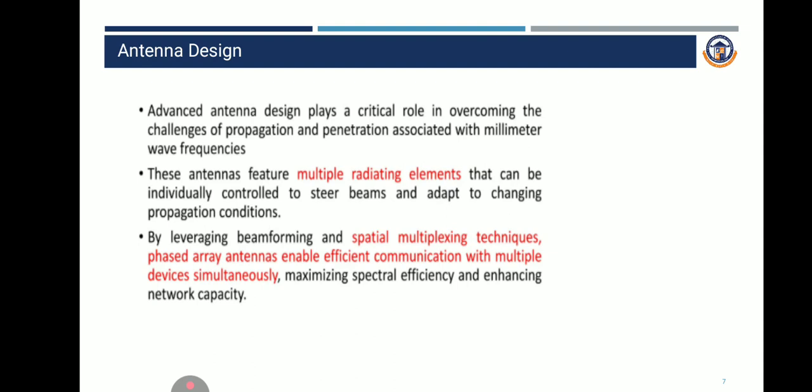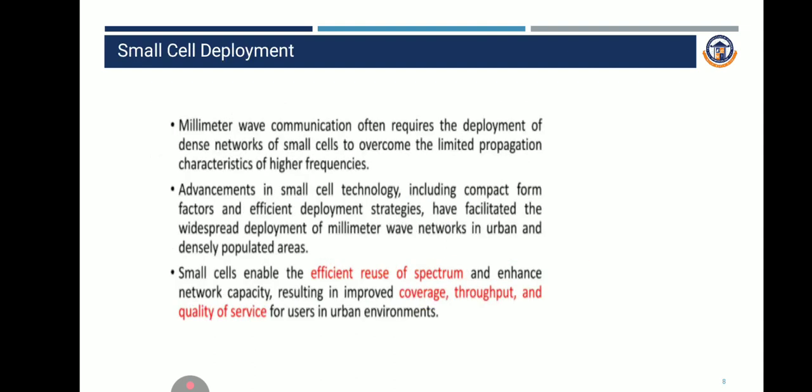By leveraging beamforming and spatial multiplexing techniques, phased array antennas enable efficient communication with multiple devices simultaneously. So it is one of the most important advantages of beamforming technology. It can maximize the spectral efficiency and also enhance the network capacity.